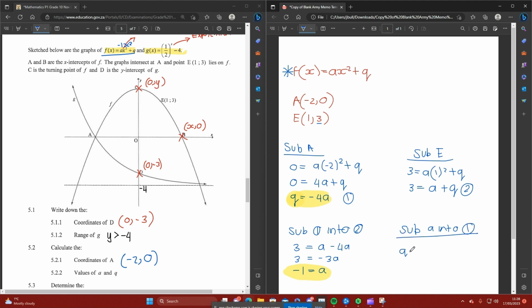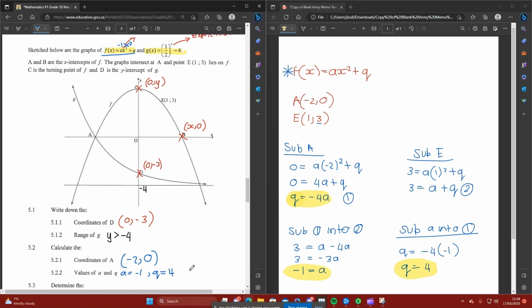We're going to say q is equal to minus 4 times a, so minus 4 times minus 1. q is just 4. So we've got both of those values they asked for, a and q. When you write it, you can put a is equal to minus 1, q is equal to 4.